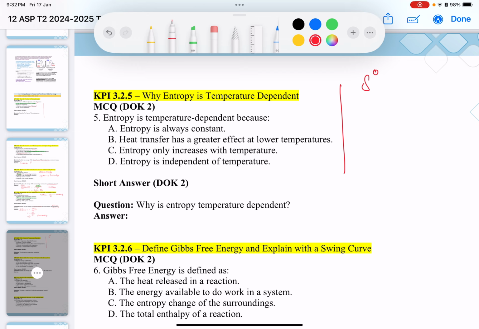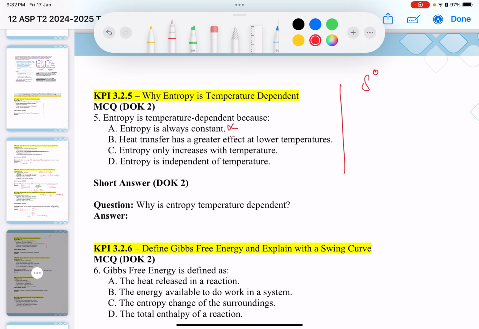The particles will move faster, and their rotation will also increase. This affects entropy directly and it will increase. So this is wrong: entropy only increases with temperature. No, not only.